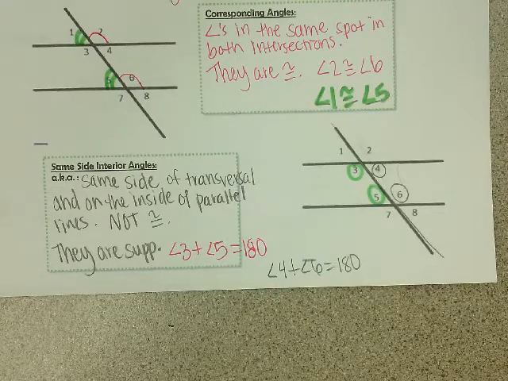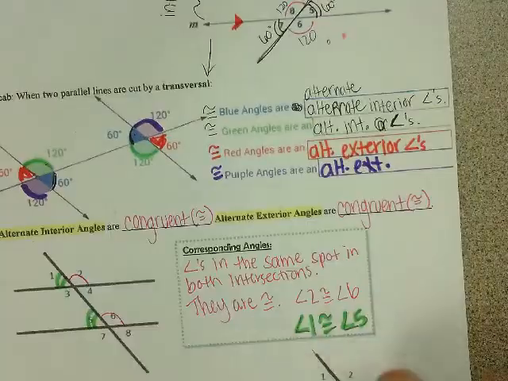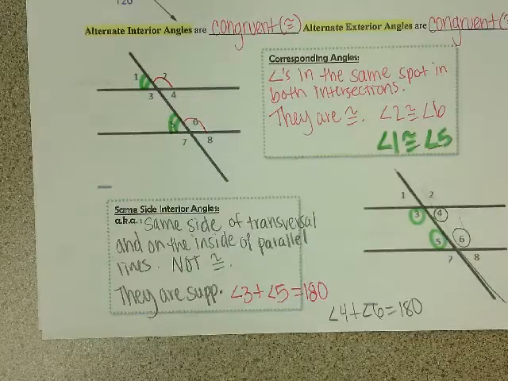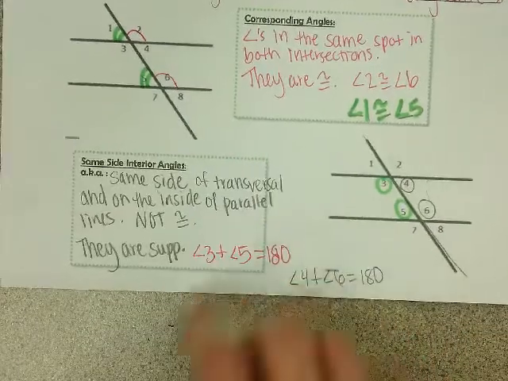Are they on the inside or outside of parallel lines? They're on the inside, and we change sides of the transversal. All right, so we have alternate interior are congruent, alternate exterior are congruent, corresponding congruent, same side interior, supplementary.